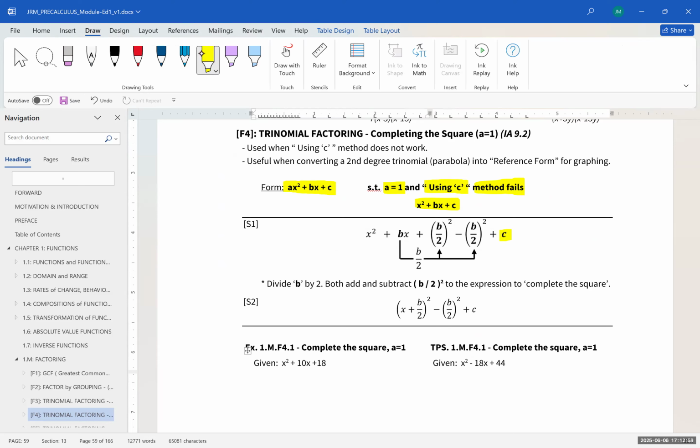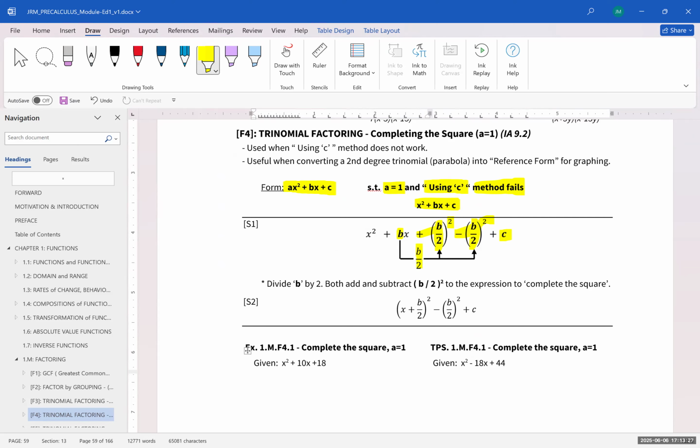In the completing the square method, you take the coefficient of the second term and divide it by 2, then take the square of that, and you both add it and subtract it to the polynomial at the same time.